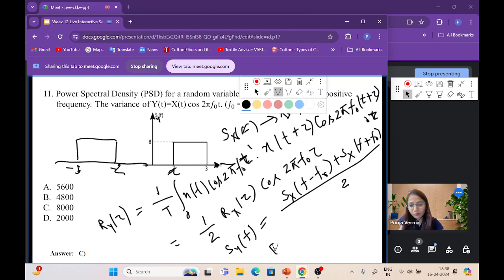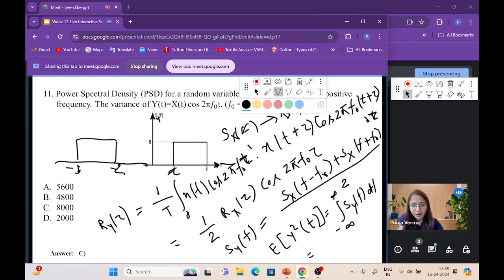Now in order to find the variance of Y(t), how can we calculate it? The variance of Y(t) we can calculate from the integral of Sy of f df. Okay, so here how much is it? 2 to 3, and at a certain point it will again repeat.